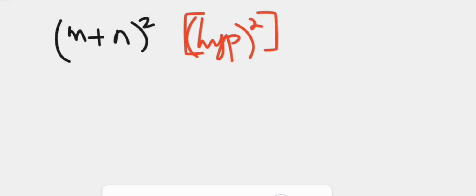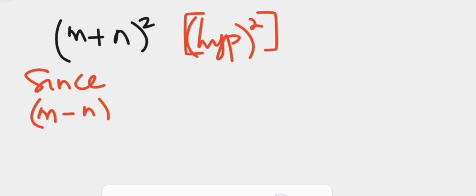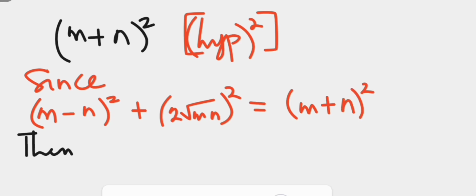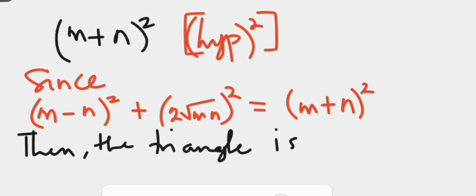So we can say that since m minus n squared plus the square of 2 root mn is the same thing as the square of the hypotenuse side, then the triangle is right angled.